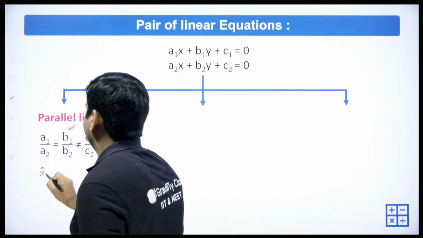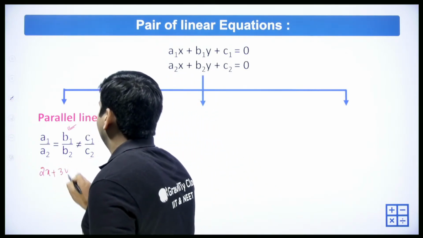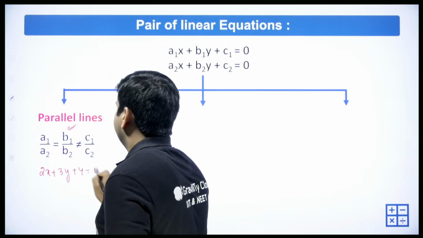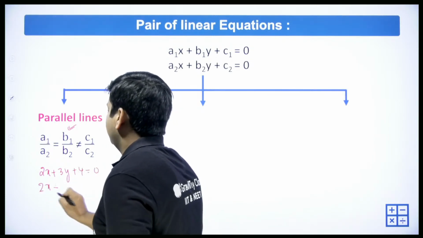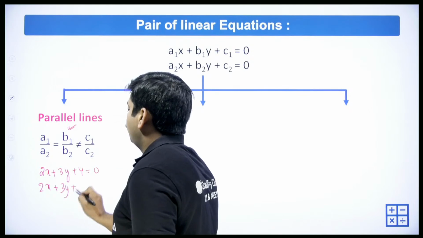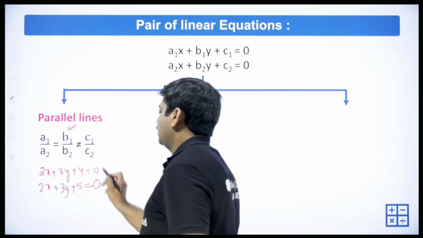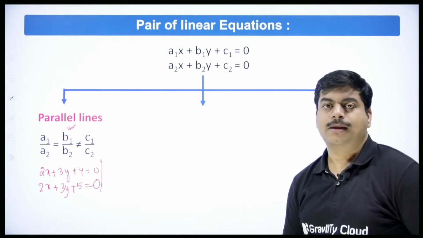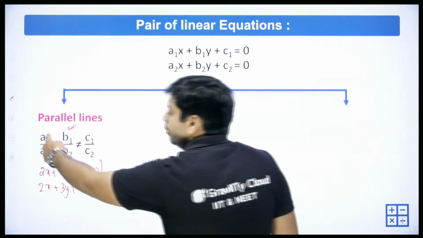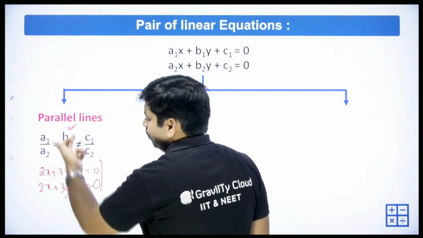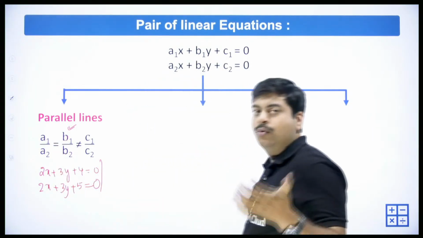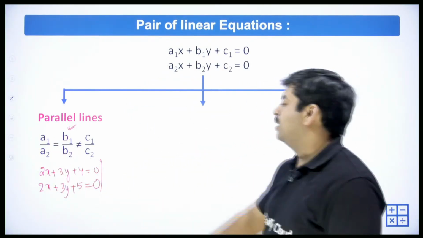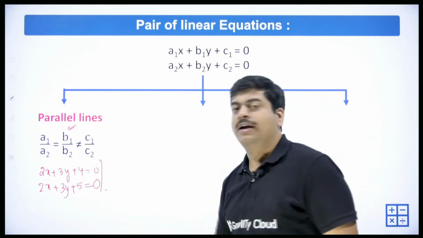Parallel lines, I'll give an example. 2x plus 3y plus 4 is equal to 0, and one more, 2x plus 3y plus 5 is equal to 0. You may say that these two are the same equations. No, they differ in the constant term. So a1 by a2, 2 by 2, is equal to b1 by b2, 3 by 3, that is correct, 1 is equal to 1, but which is not equal to 4 by 5.